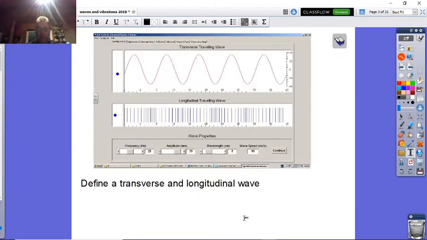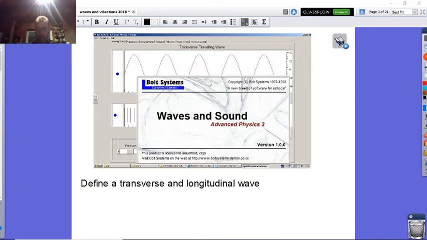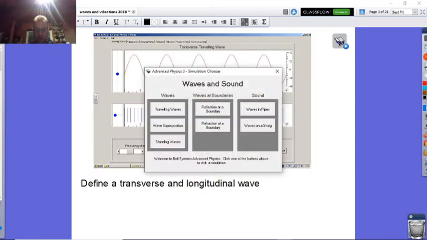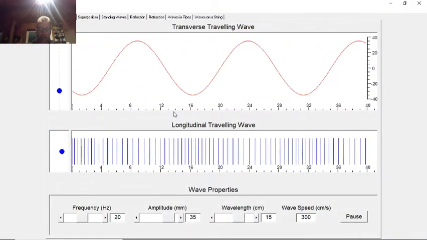And then you should have done this at GCSE, and this is all about transverse waves and longitudinal waves. If I was with you, I'd be using a slinky to do this, but I'm not, am I? And these are traveling waves. Now, it's a lovely bit of ancient software.